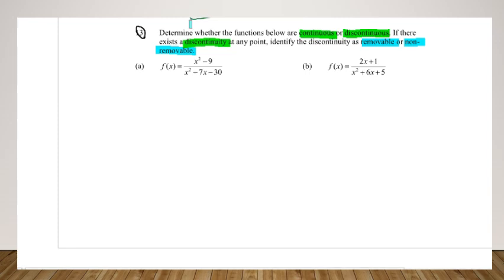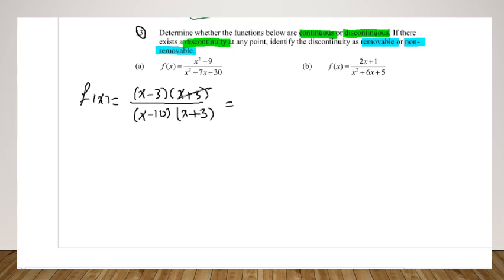So I will start by factorizing the function, so x minus 3 and x plus 3, and in the denominator I'm going to factorize, so it's x minus 10 and x plus 3.